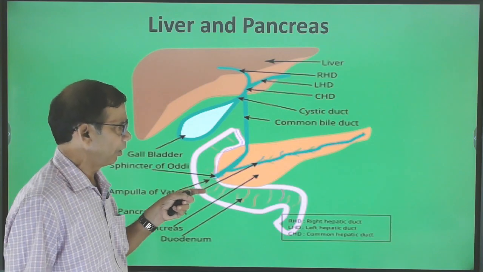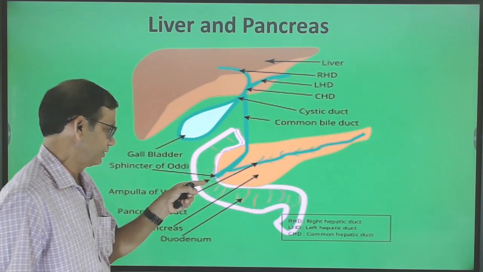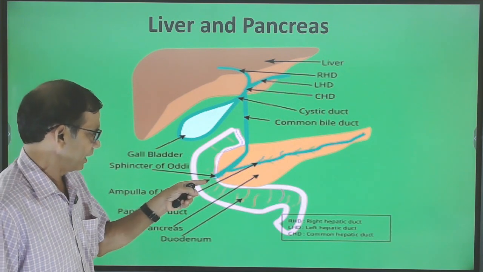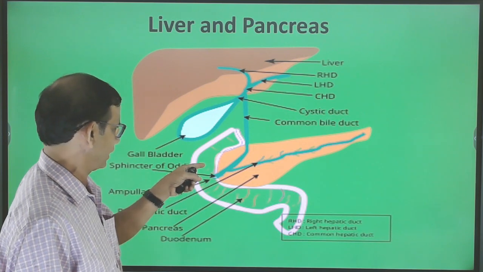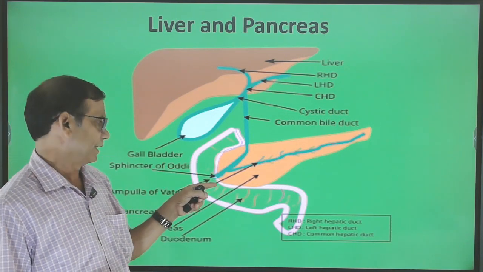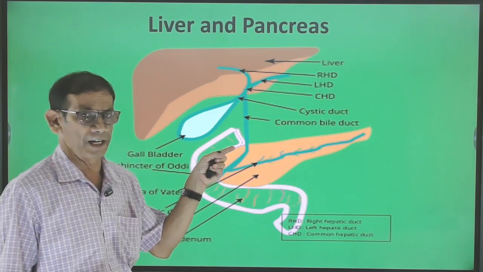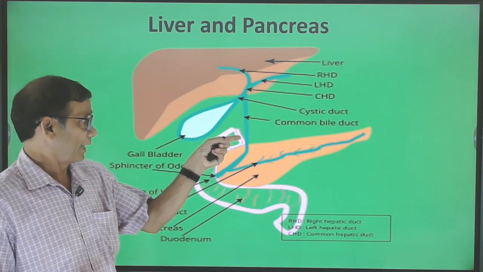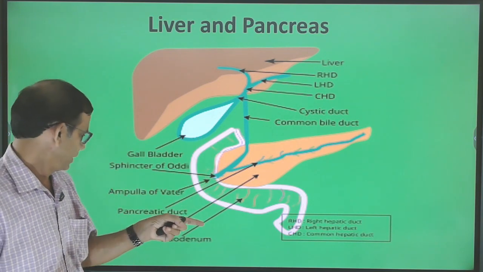The sphincter of Oddi also takes the secretion of the pancreatic duct into the duodenal portion, which helps in the complete digestion of lipid food materials and also helps in the neutralization of the acid chyme from the stomach region. It is completely neutralized here.